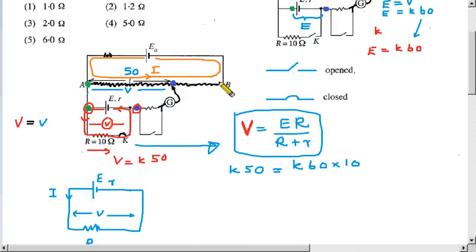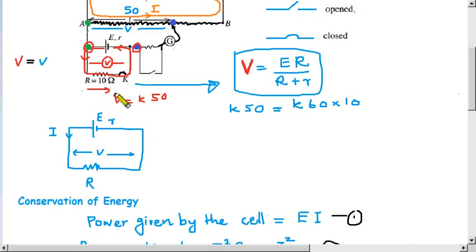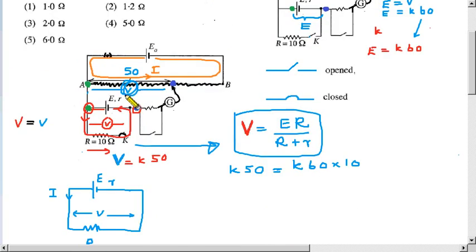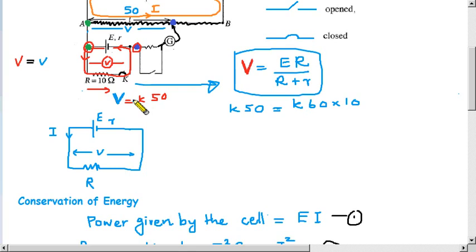So that is why we substituted this V. This V is the blue V, this one in blue color. Blue color V equals K times 50. Red color V equals ER divided by R plus r.